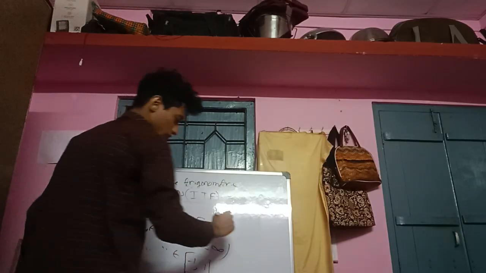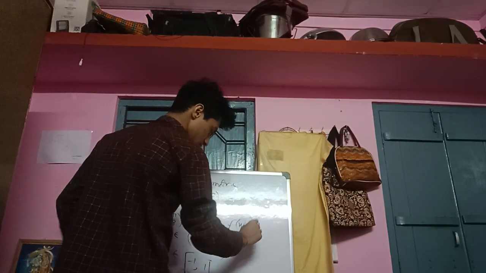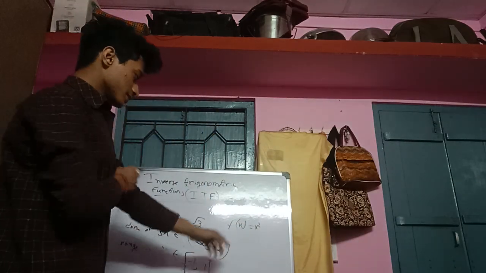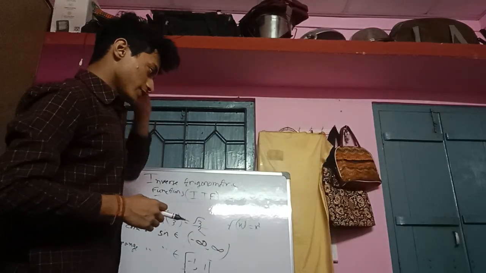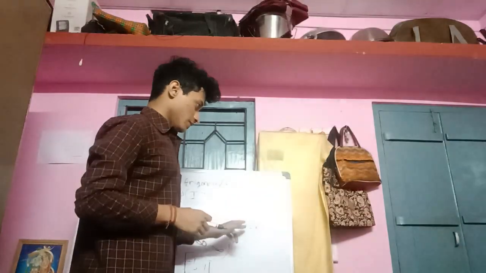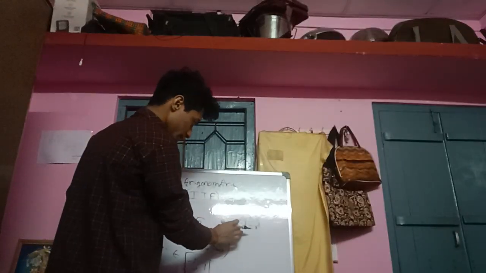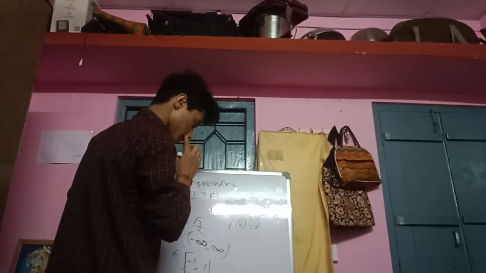Let's say we have a function of x here that gives us x square. Now, what an inverse function does is, it takes the output of the original function as input, and gives us as output what the input of the original function was.